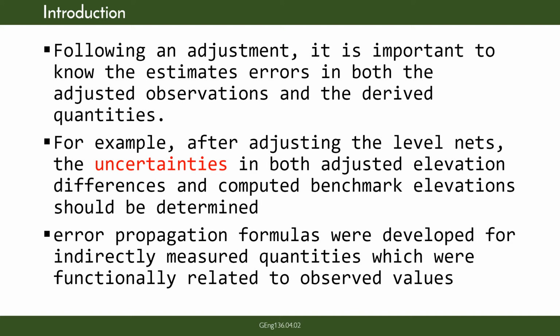Okay, so for example, after adjusting the level nets, as previously discussed, the uncertainties in the adjusted elevations, you have your observation, like I have this elevation at this point, but this is derived from a certain reference model or reference, and you have your computed benchmark or computed elevations.